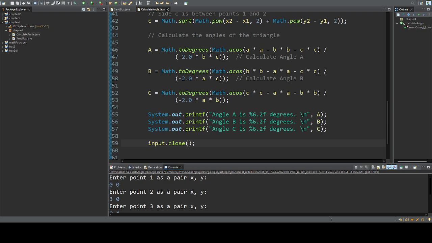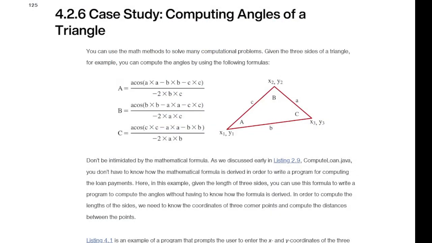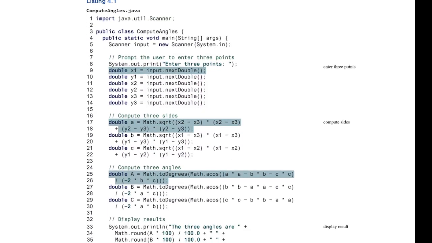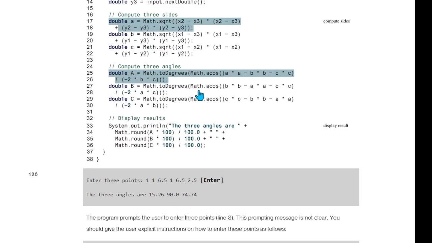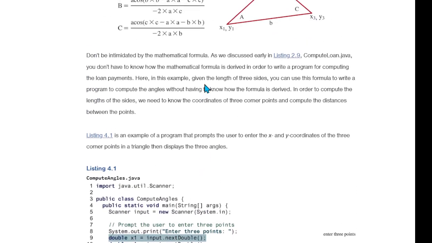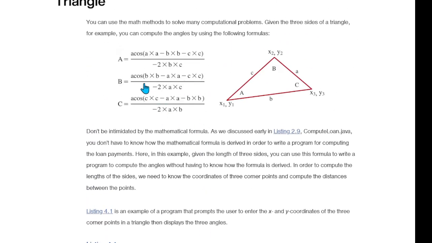Let me come back to the textbook. So in the textbook, it has the ACOS divided by this. And if I look deeper in the textbook here, let me scroll down here. If we look at what they do in the program, they do the division inside of the arc cosine. So this is a misprint in the textbook.